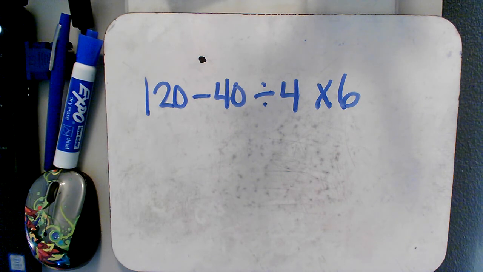Remember, this needs to come first because this is left to right. This comes first, left to right, so we're going to do that one first. And then this one. Okay?